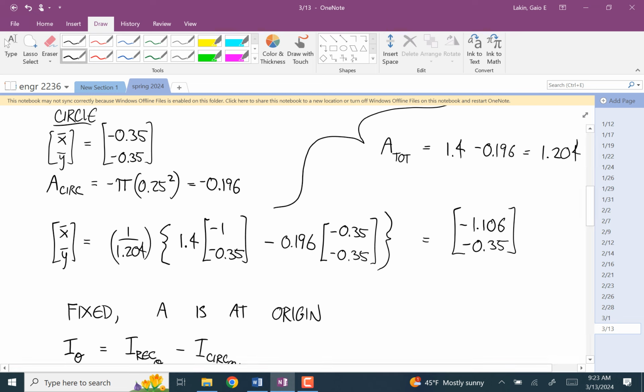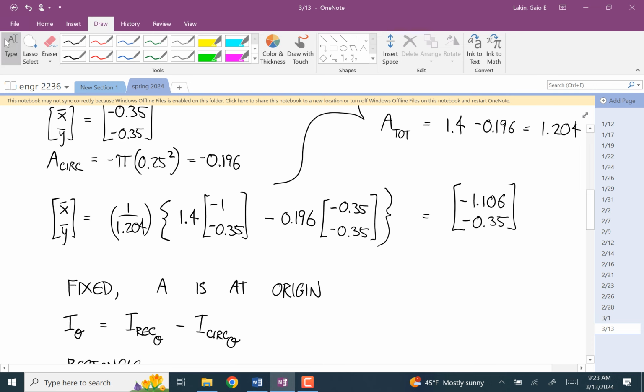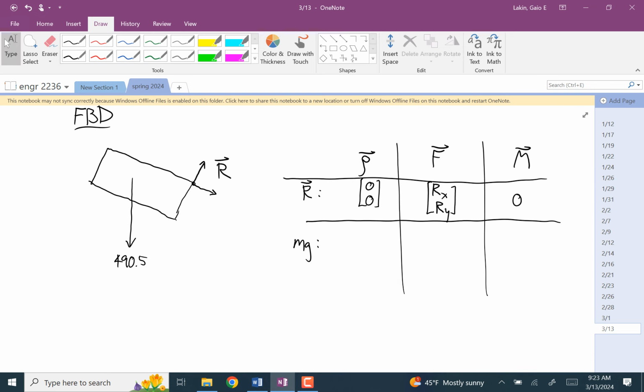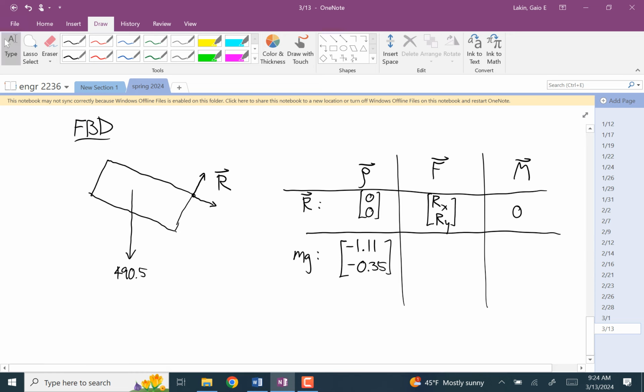So this is our row vector for the weight force, negative 1.11, and then negative 0.35. Any questions about the reasoning on that?